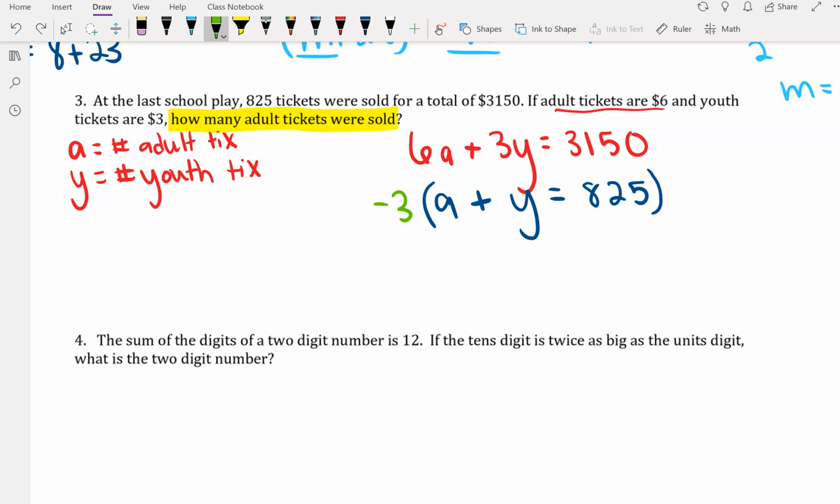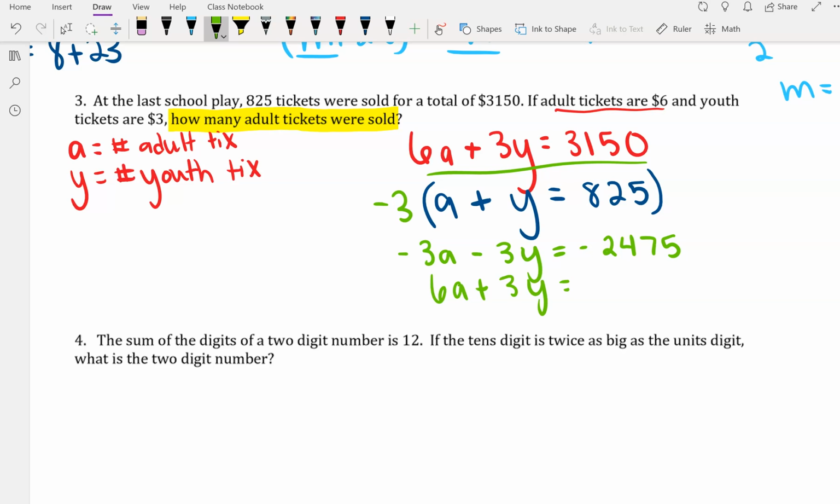So when I multiply, I get -3A minus 3Y equals 825 times -3 is -2475. I'm going to add that with my first equation. So 6A plus 3Y equals 3150. Combine like terms, and I end up getting 6A minus 3A is going to be 3A.